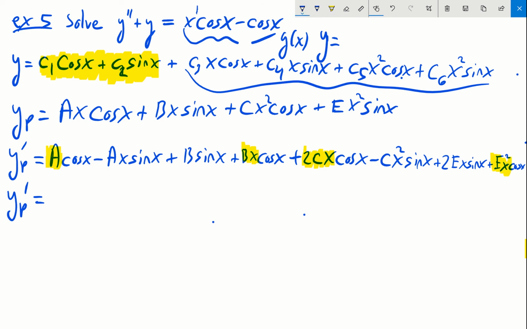So if we combine all of those coefficients, here's what we're going to get. We have a plus bx plus 2cx plus ex squared cosine of x, and then the rest of it would be sine stuff.